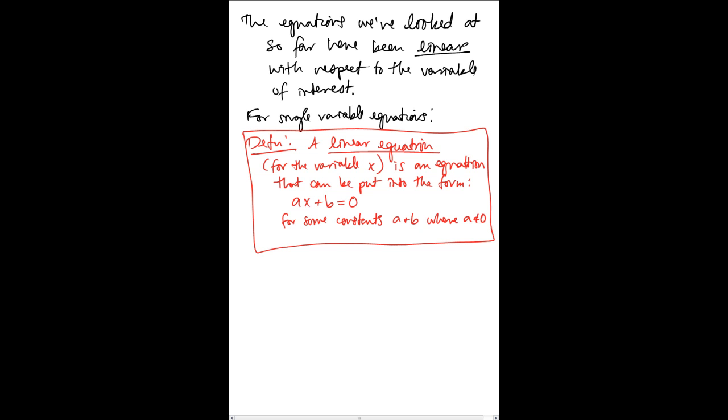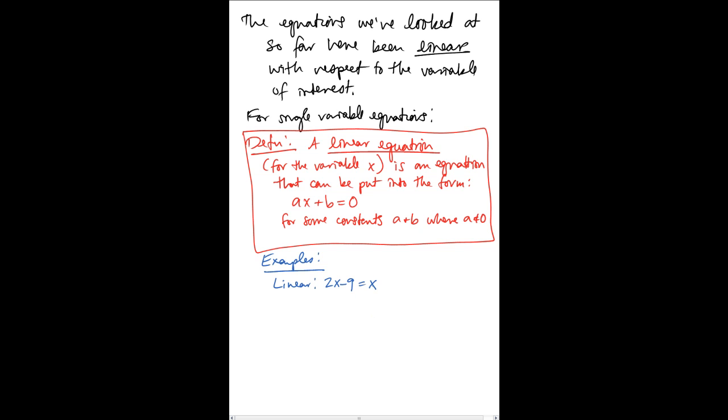So what are some examples? Well, what's some examples of some stuff that is linear? 2x minus 9 equals x. That's linear. Well, it doesn't look like this form at ax plus b equals 0.